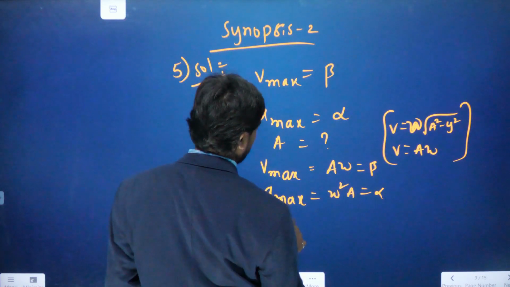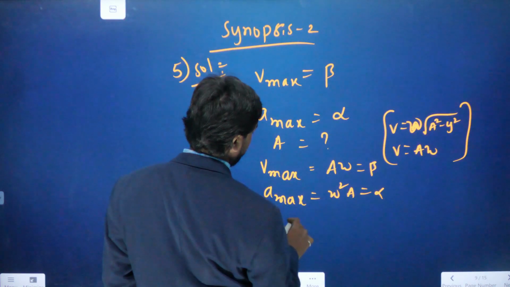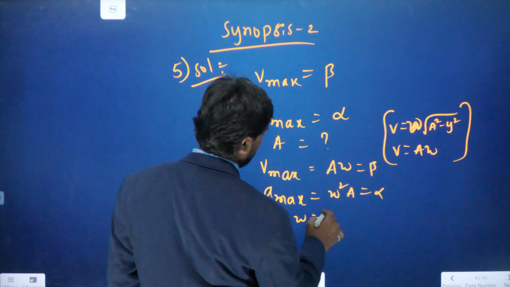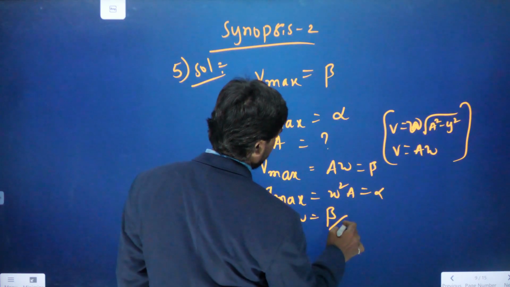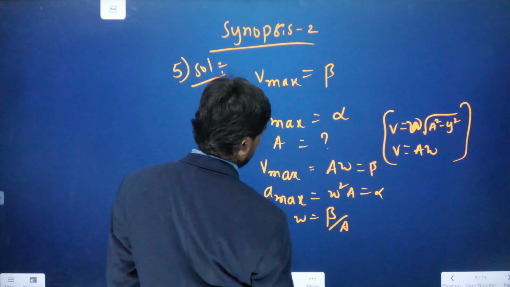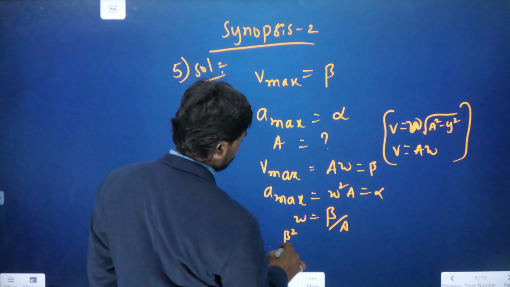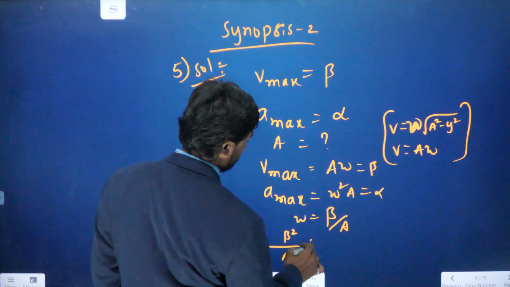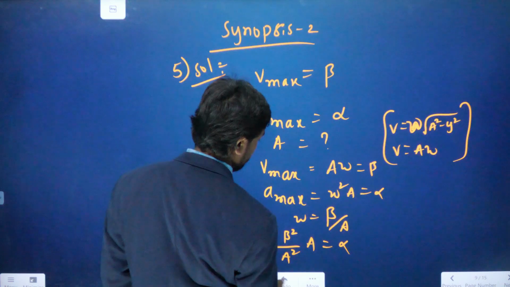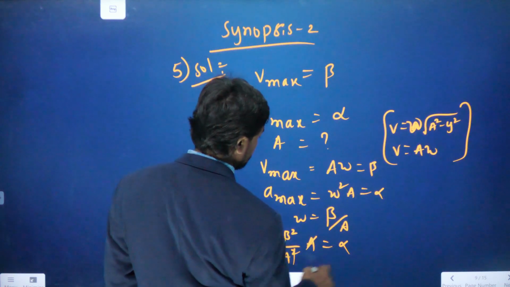Now from this we need to find omega. Omega is equal to beta by A, substitute in the second equation. We get beta square by A square into A, equal to alpha, then A and A get cancelled.